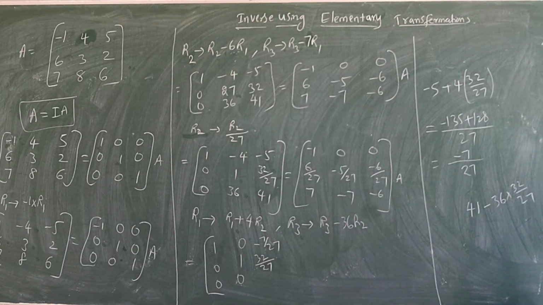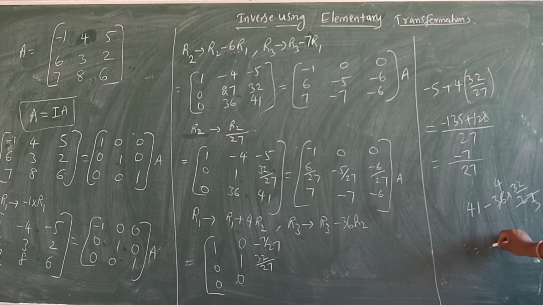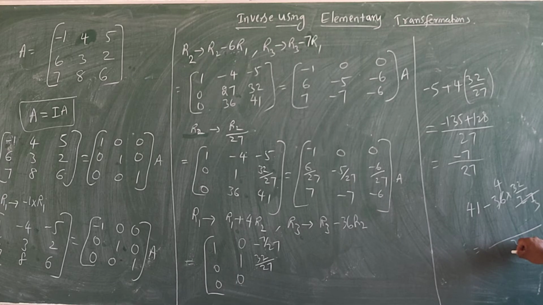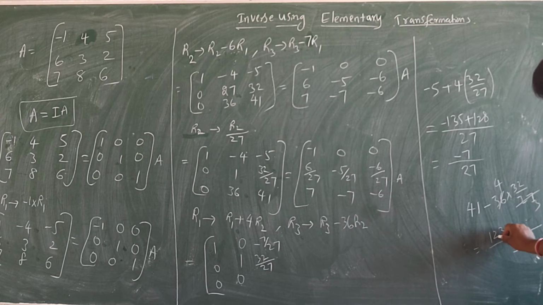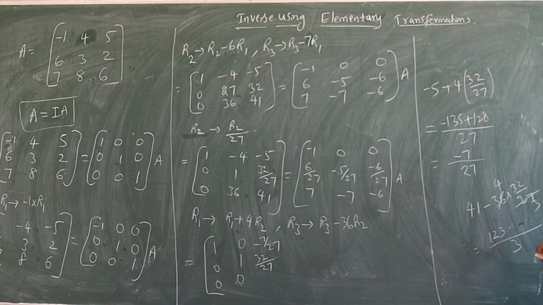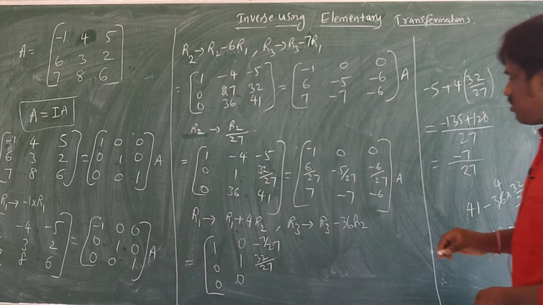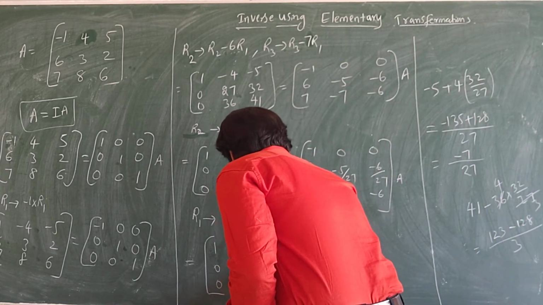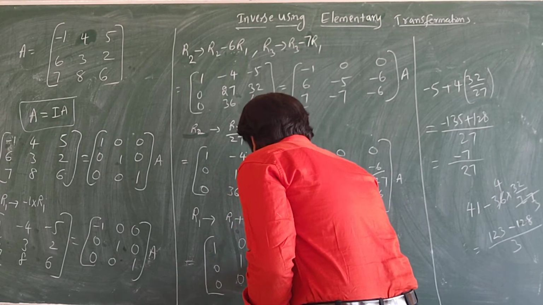Okay. 9 threes are 27, 9 fours are 36. 41 minus 128 by 3. 3 is the LCM. 3 cancels. So 123 minus 128. How much? Minus 5 by 3. So I got minus 5 by 3. Okay, this is done.